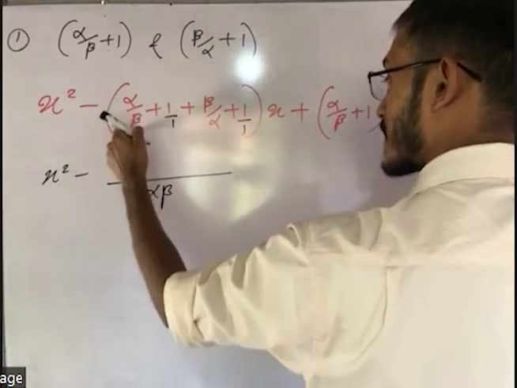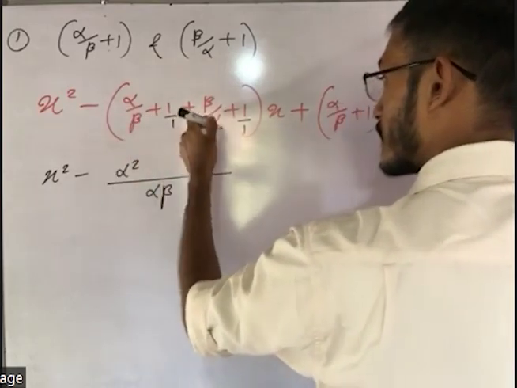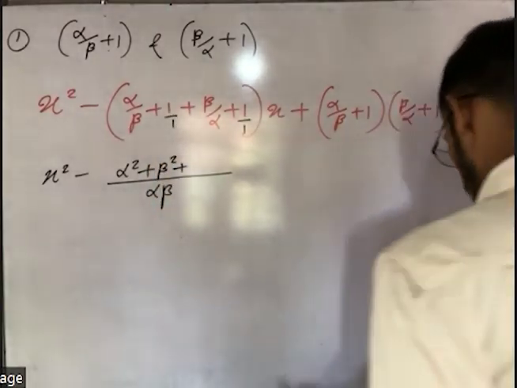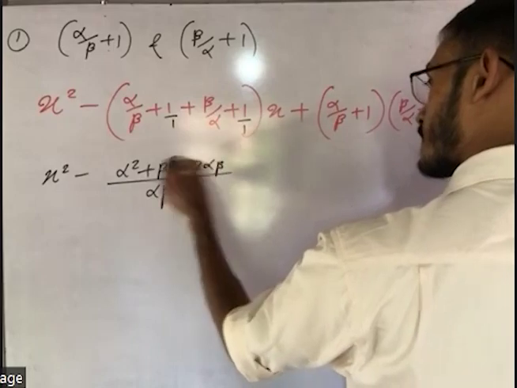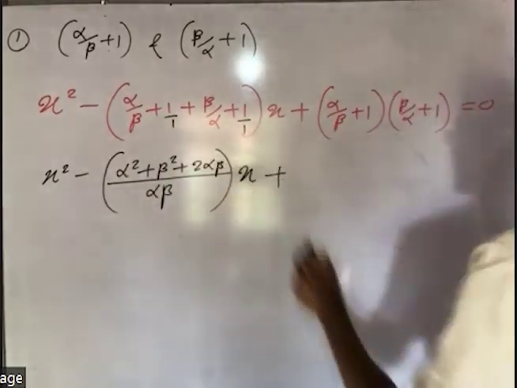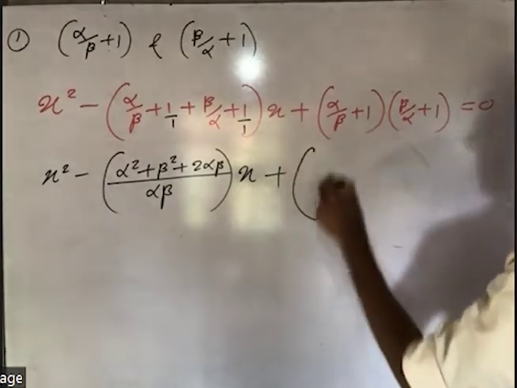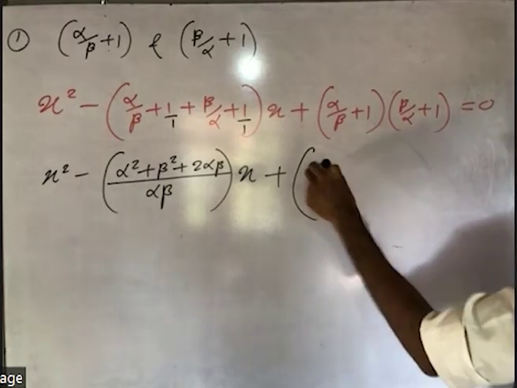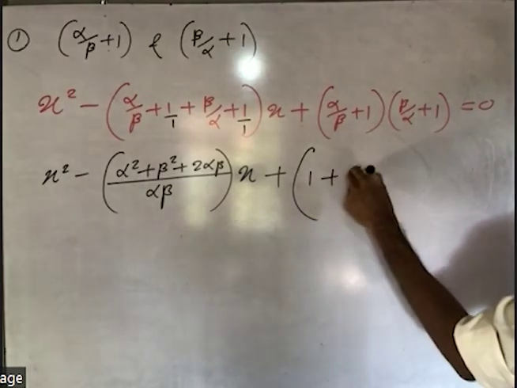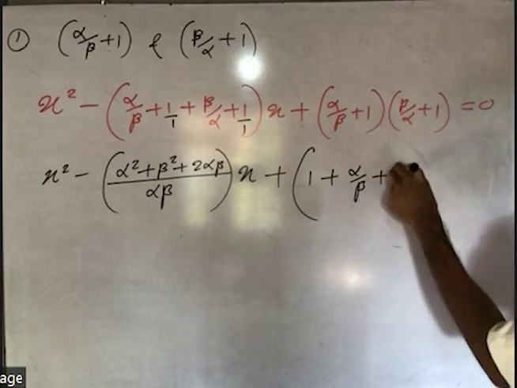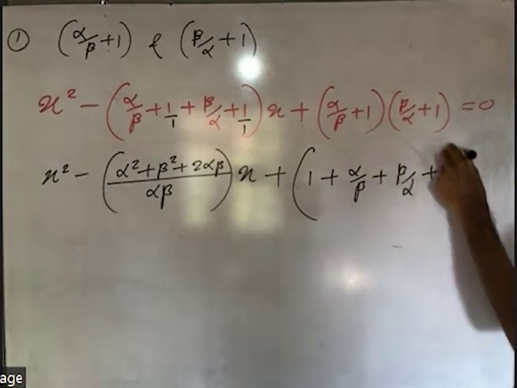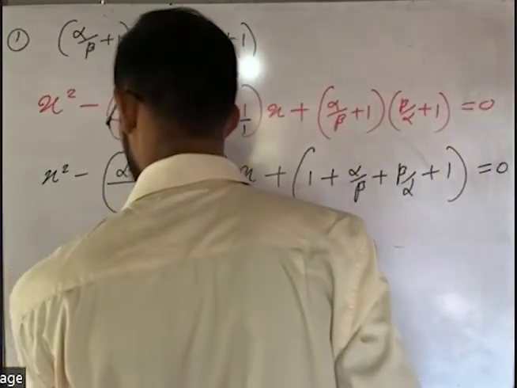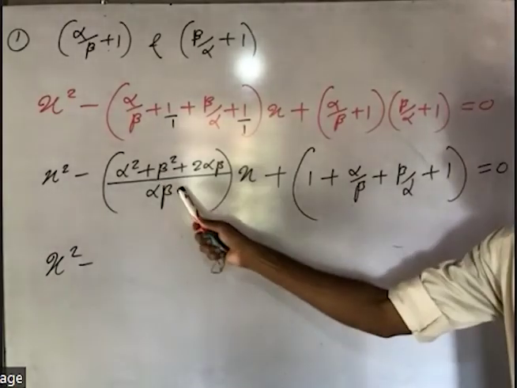Then if you multiply this by alpha, we will get alpha square, this by beta, then beta square plus 1 plus 1 means 2, multiply by alpha beta, 2 alpha beta, into x plus, simplify the brackets, this one into this, alpha over beta into beta over alpha, that is equal to 1, plus this one is to 1, alpha over beta plus 1 into beta over alpha plus 1 into 1 is 1, equal to 0.